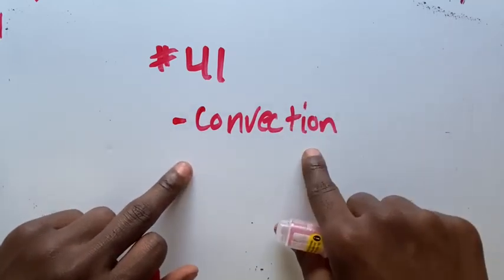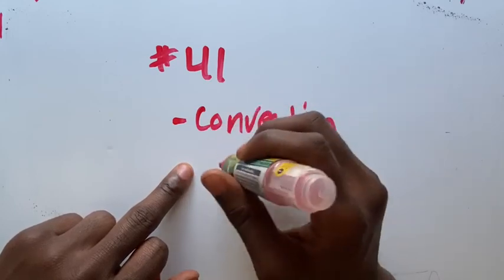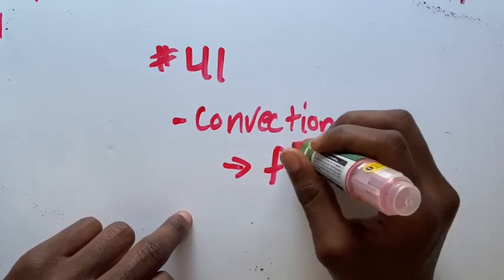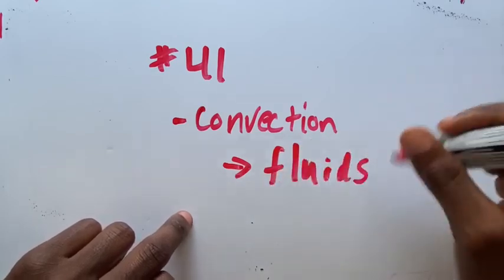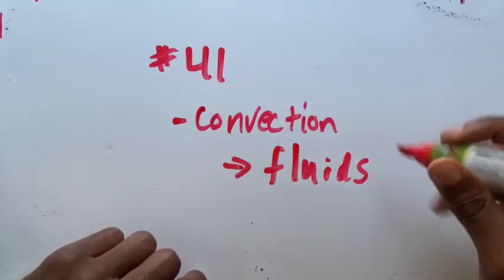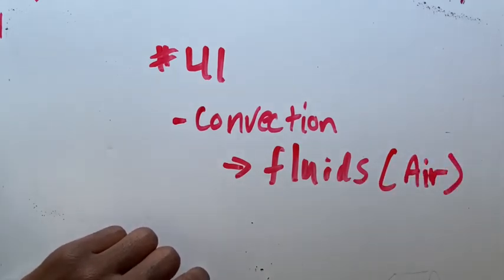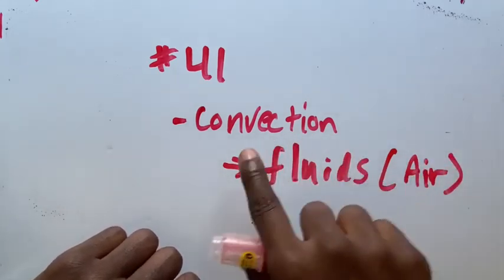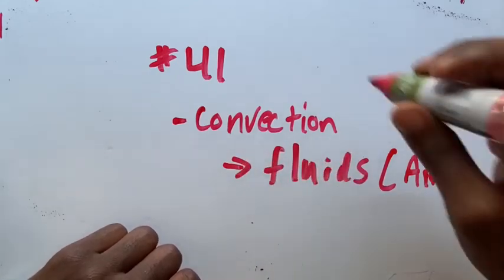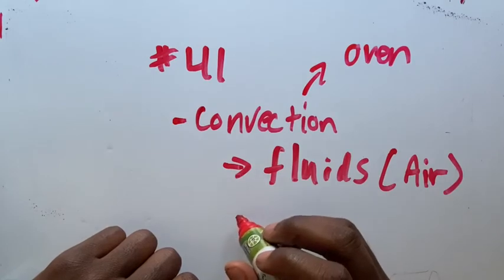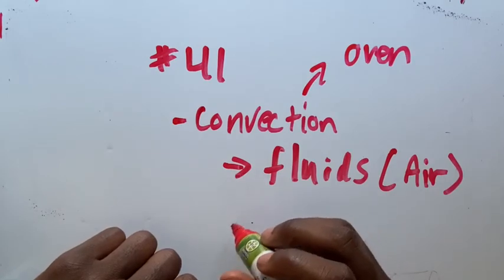And then there's convection, which is heat transfer through a fluid, where air is basically a fluid. Whenever you hear convection, just think of your oven. So the answer here is going to be D.